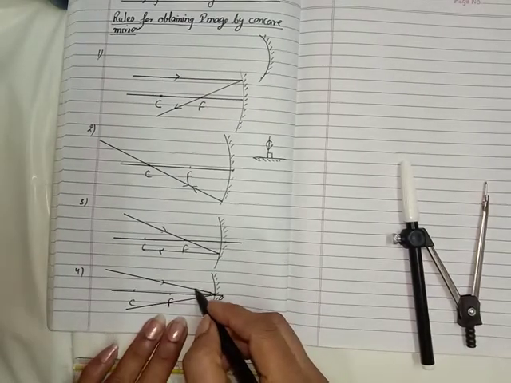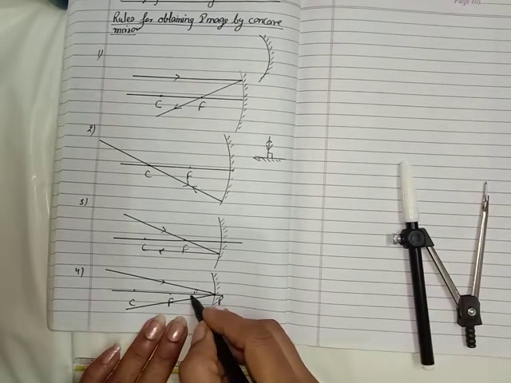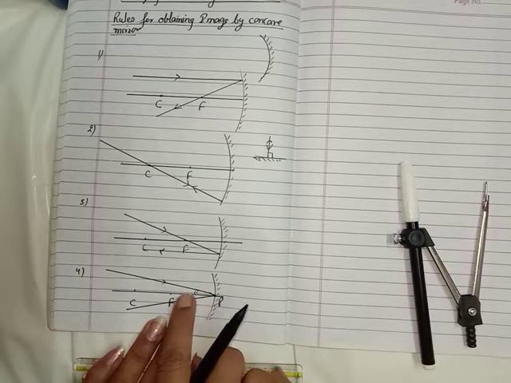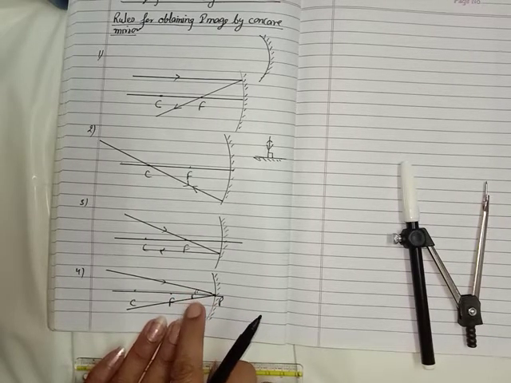It means this angle will be equal to this one. If this angle is, suppose, 30 degrees, then this angle will also be 30 degrees.